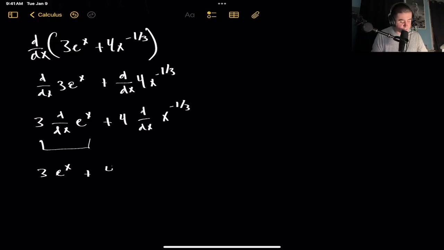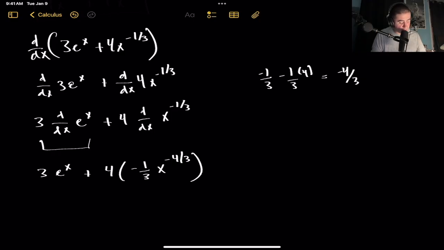And then 4 times the derivative of x to the power of negative 1/3. Of course, we're going to be multiplying that exponent and then subtracting negative 1/3 minus 1, which is going to be negative 4/3. So that's exactly what we'll have in the exponent, negative 4/3.